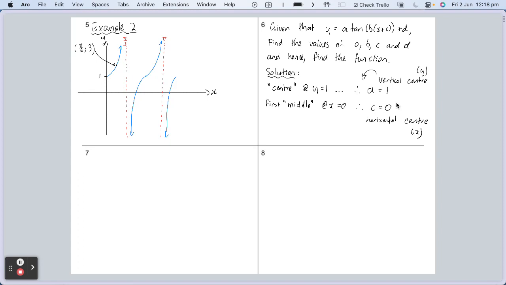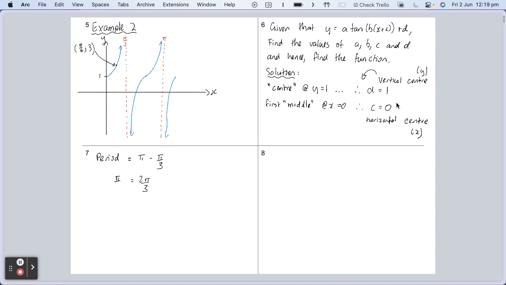We're now going to work out the period. So pretty similar, but this time to work out the period, we are going to go from asymptote to asymptote for the length. So we're going to go pi, which is the furthest asymptote, minus pi on 3, which is the next one down, and that gives me 2 pi on 3. That's the period. But we also know for tan that the period calculation is pi over b.